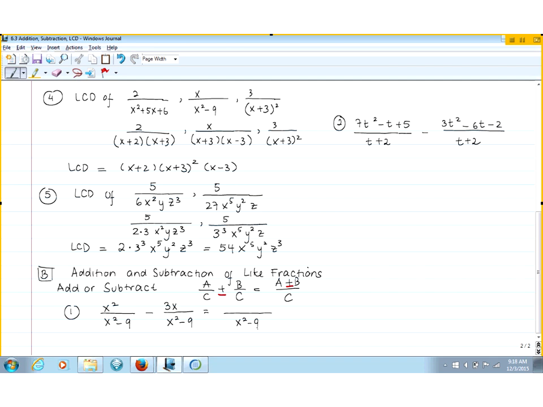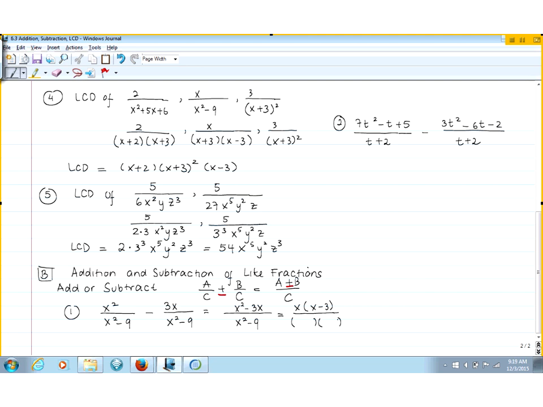What do I have on the numerator? x squared minus 3x. Yes. Now, can I simplify? Well, let's factor the numerator and denominator. x times x minus 3.